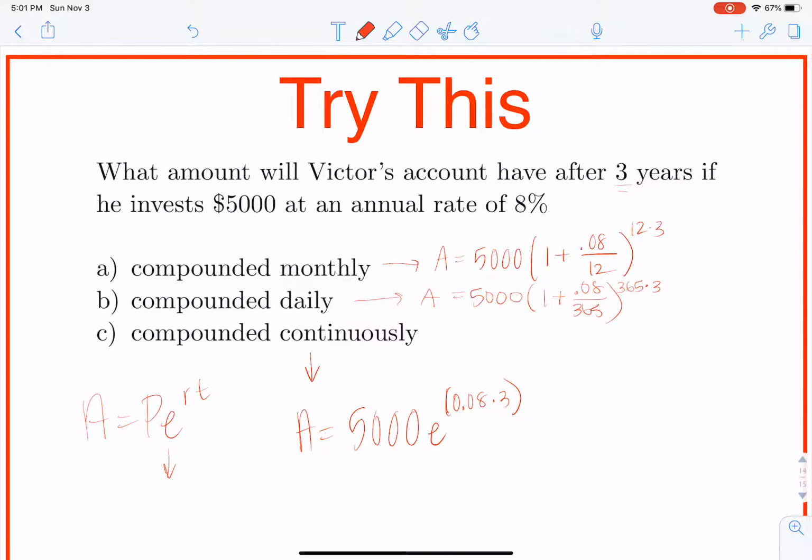And you can go ahead and plug this into your calculator, and you can get a value for Victor's account after 3 years for each of these. And you should notice that my compounded continuously is the one that will yield the most money every single time.